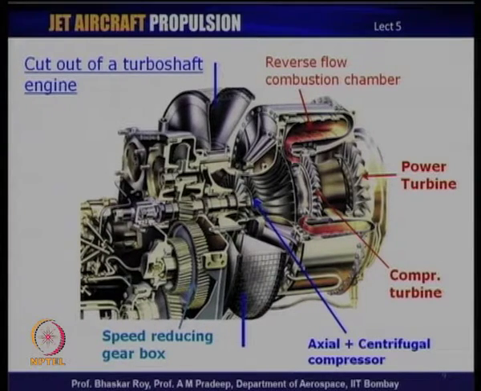A typical turboshaft engine, a compact engine like this, could have speeds of the order of 30 to 40,000 rpm. That is the kind of speed at which many of the turboshaft engines could actually be running, and as a result the power generation is of very high order.